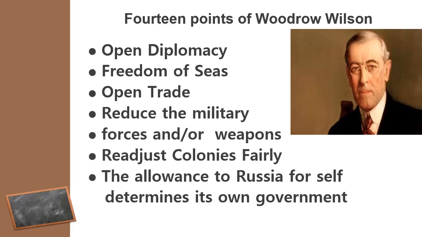He suggested reducing military forces and weapons as well. As we know, Britain, France and many other nations had their own colonies, so he suggested that colonies be readjusted fairly. He also wanted Russia to get the right of self-determination for its own government.